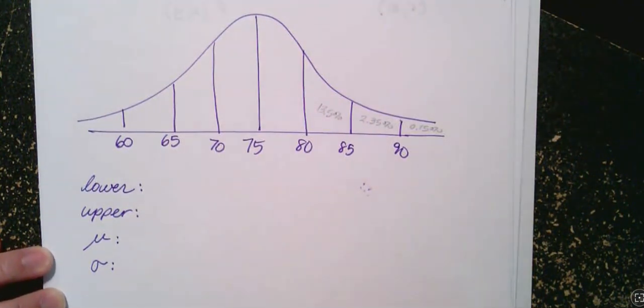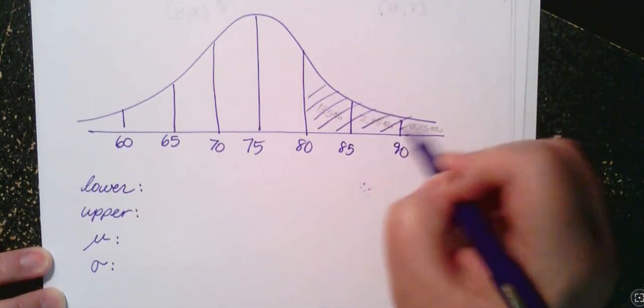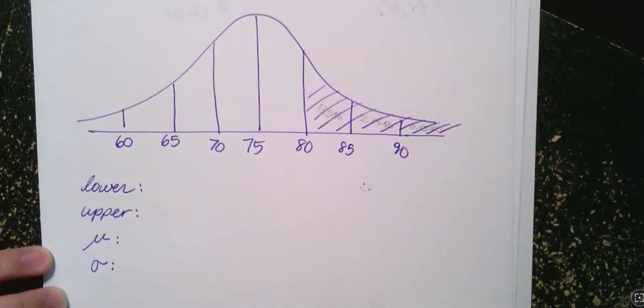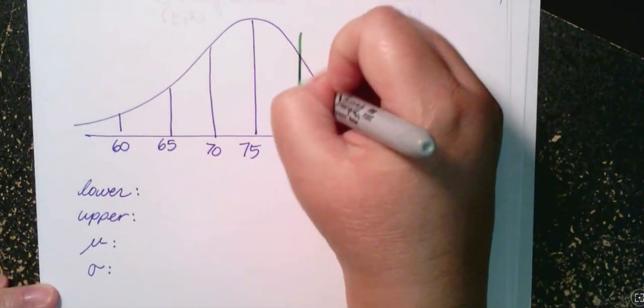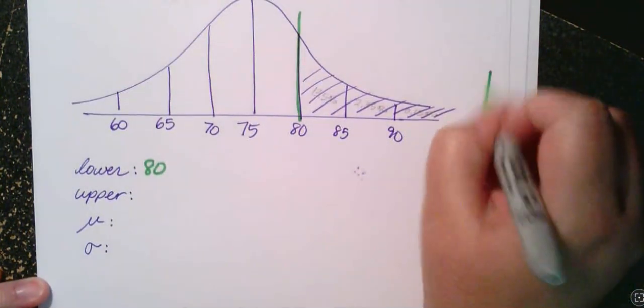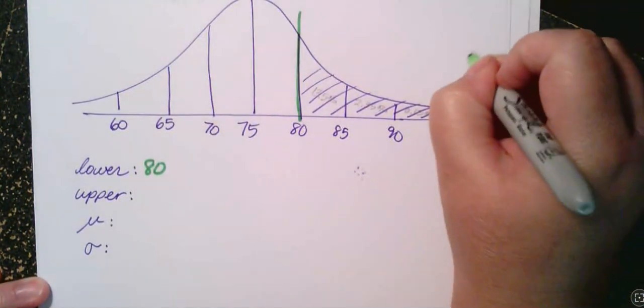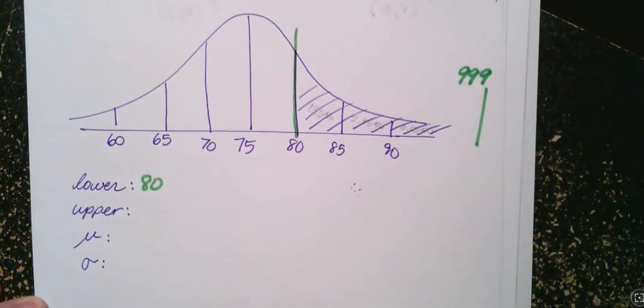So we're being asked for a percentage of speeds of cars greater than this. Okay, so let's think about our boundaries. My lower bound, because it's on the left, is 80. My upper boundary is positive infinity, but I'm just going to say like 999. All right.